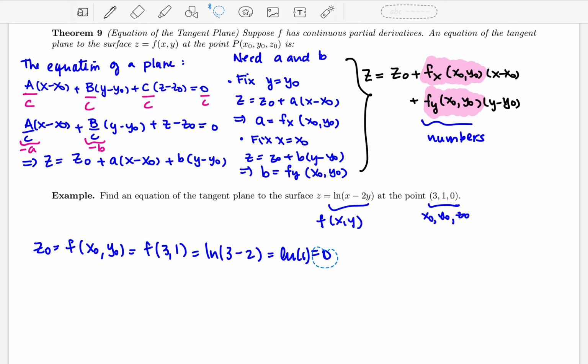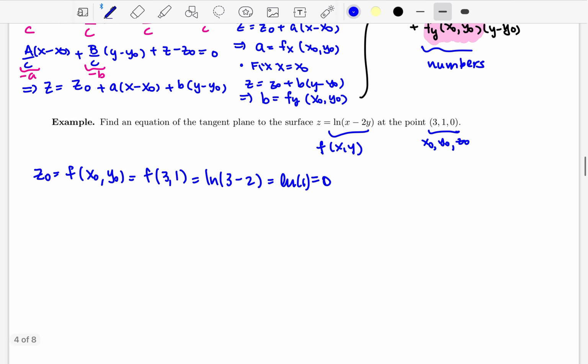Then we know that we need to find the partial with respect to x. So fx is equal to, I know you know this, but let me maybe recall here. If you're taking the derivative with respect to x of the natural log of a function, this is going to be equal to 1 over the function times the derivative of the function.